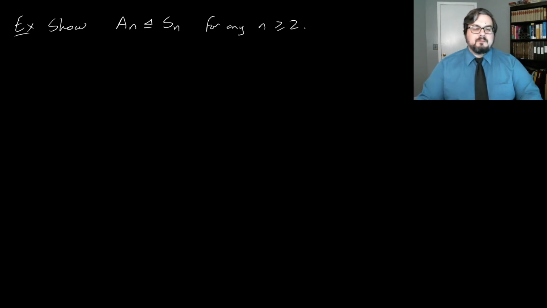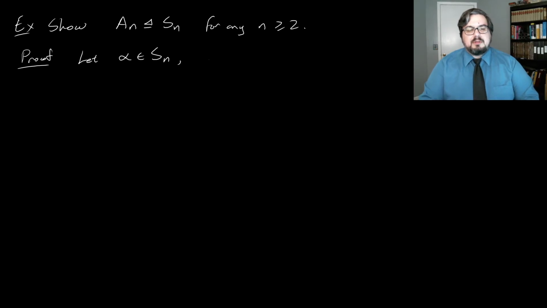So let's show that the alternating group of degree n is a normal subgroup of the symmetric group of degree n for any n greater than or equal to 2. We want to let A be in Sn, so A is going to be some permutation, or we were using Greek letters for these, so we'll go ahead and do that here.